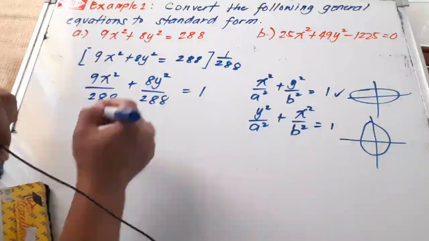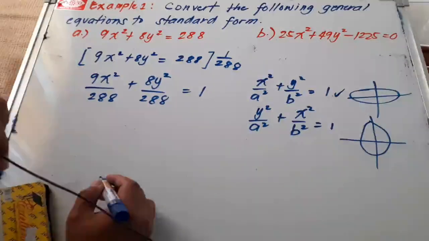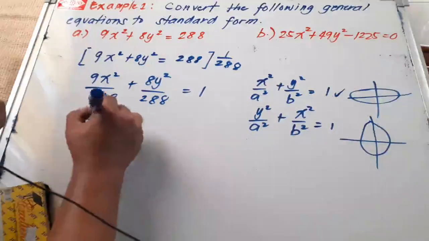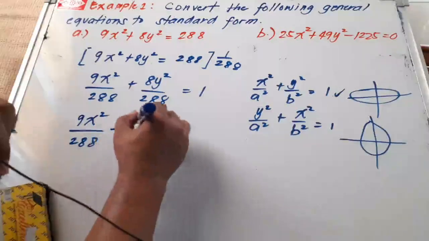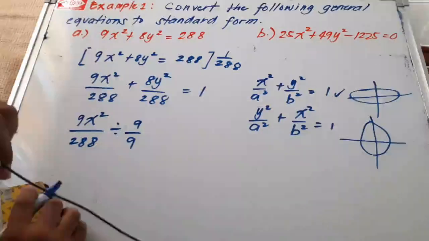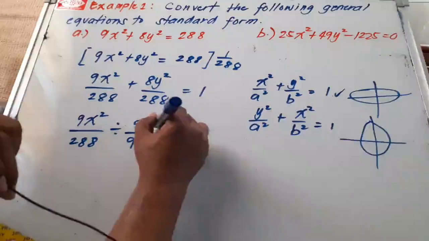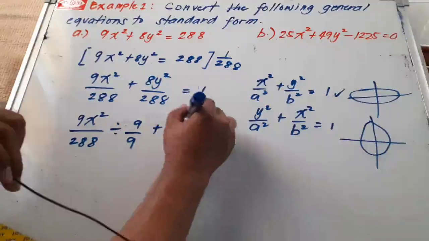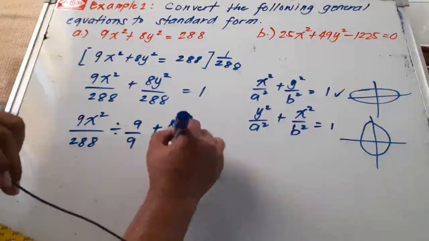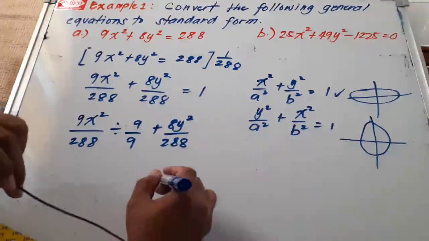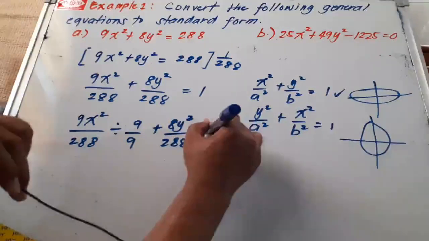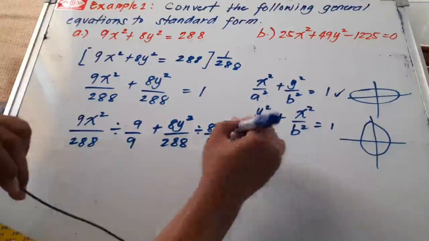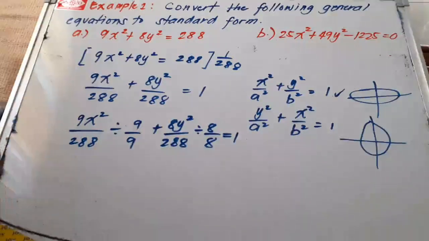I'm going to divide the numerator and denominator by 9. Okay? So, 9x squared over 288 to be divided both by 9 para maging 1 ang coefficient ni x squared plus 8y squared over 288. So, I'm going to divide naman this expression by 8, both the numerator and the denominator, para makatulad niya yung standard form.